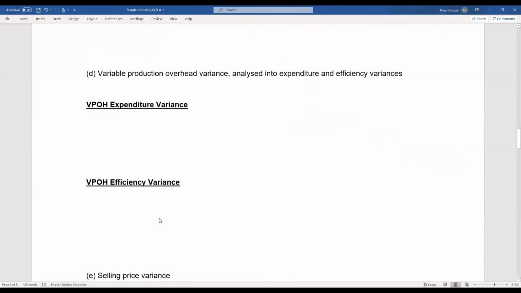Then the variable production overhead variance. We already calculated the expenditure variance and efficiency variance.